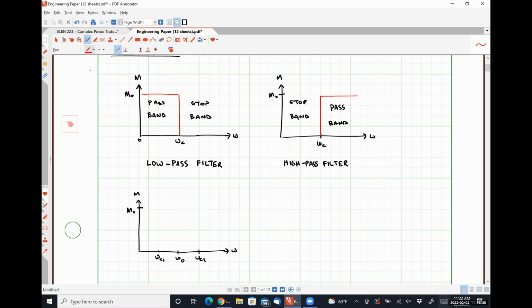So for our band pass filter, ideal, it's going to have a response like this, where all frequencies between our corner frequencies constitute our pass band, and all frequencies outside of our pass band are our stop band.